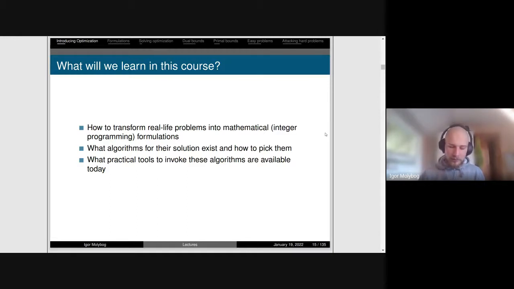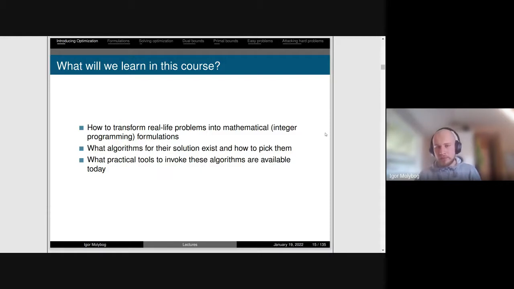We will also be covering what algorithms for their solution exist and how to pick them. This is the more theoretical part of the course, which we're going to focus on more heavily in the later part. The third part is the practical tools, meaning the optimization libraries and the practice of coding down the formulations and calling the solvers to solve them for you.